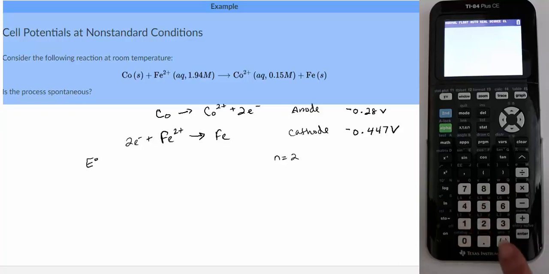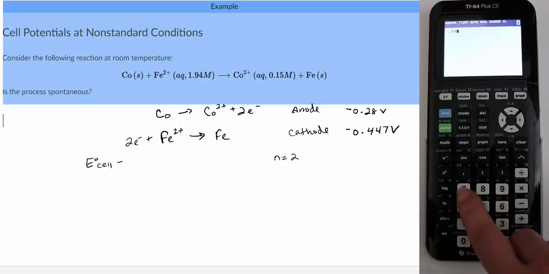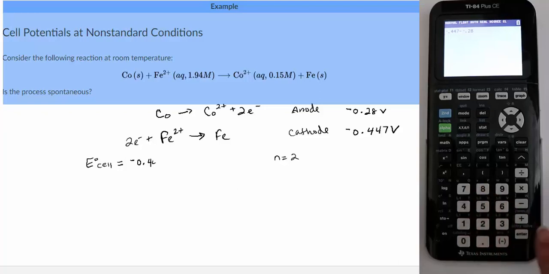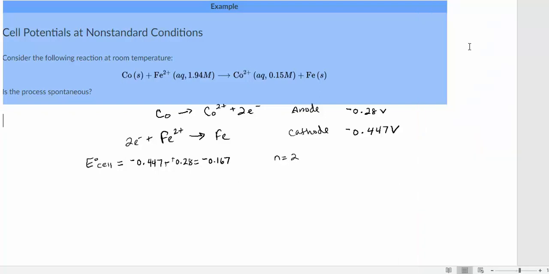So the E naught of the cell being the standard reduction potential of the cathode minus the standard reduction potential of the anode, and I get a negative 0.167. Now I know this is too many significant digits because this value here is reported with only 2 sig figs past the decimal place. I'm going to keep it to avoid rounding error.